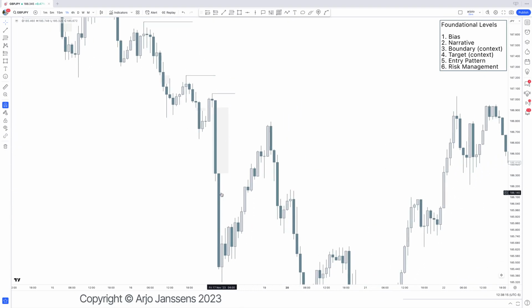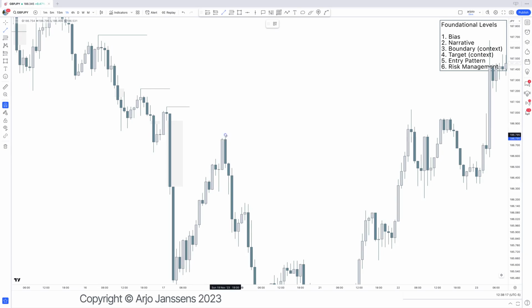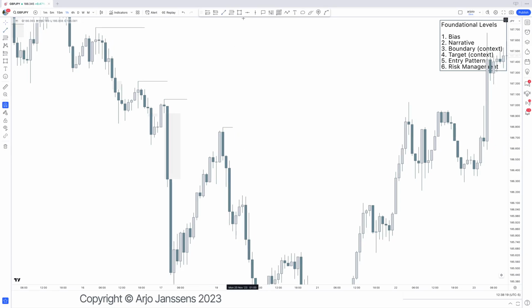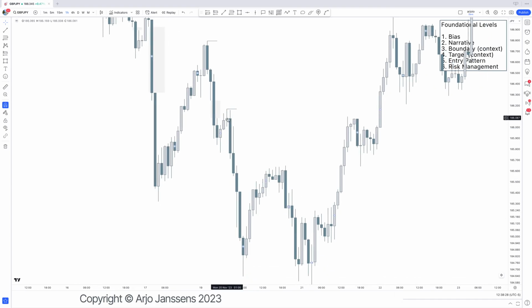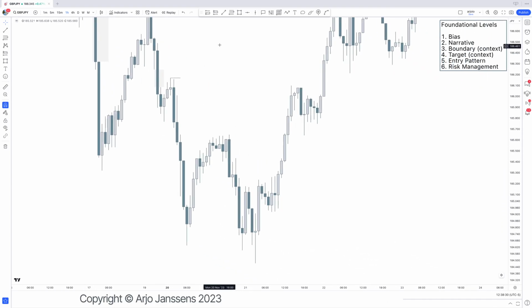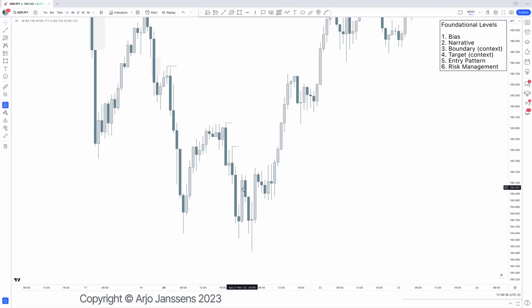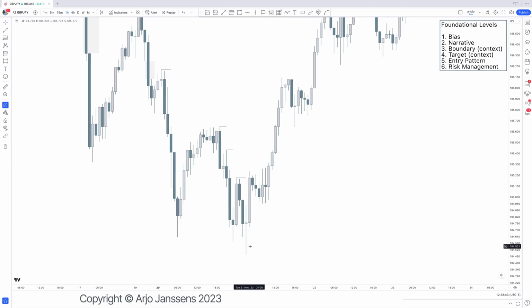And then that creates the next new order flow lag, and the next, and that creates, hey, that doesn't create a new order flow lag right there, and fails to create a new order flow lag lower before we now start to continue higher.